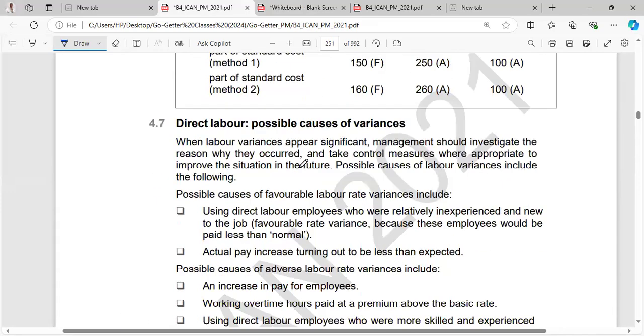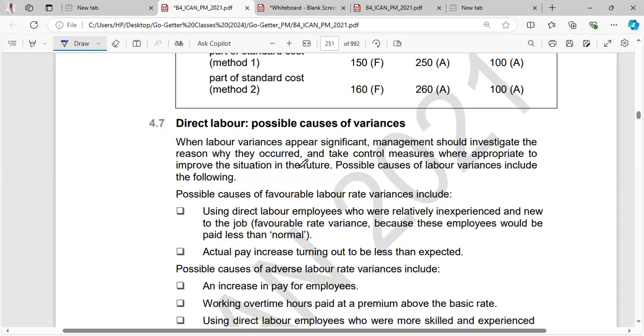Possible reasons for labor variance. One of them for a favorable rate variance could be using direct labor employees who were relatively inexperienced and new to the job. You're looking for cheaper labor. You didn't bring experienced people, you bring people fresh out of graduation and pay them a lower amount of money than what you have budgeted.